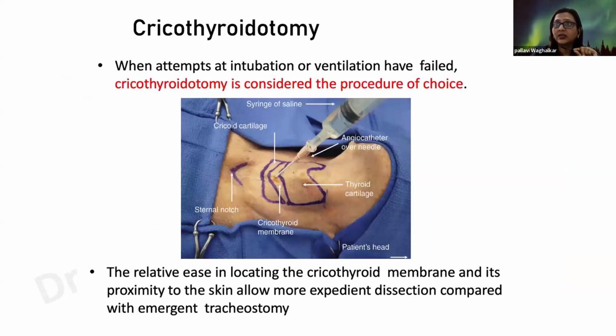Cricothyrotomy should be attempted whenever other attempts have failed, and the relative ease of locating the cricothyroid membrane and its proximity to the skin allows an easier dissection compared to an emergent tracheostomy.